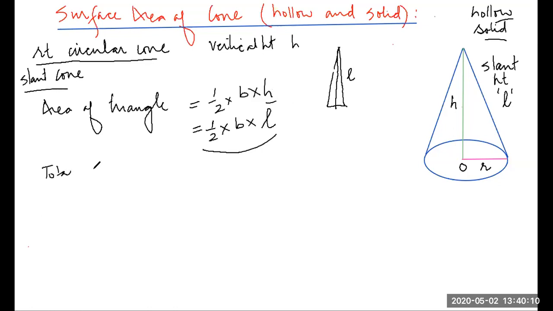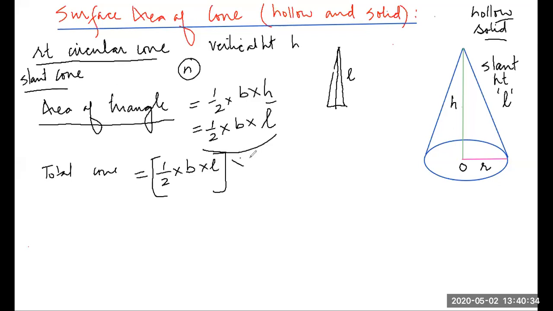Now the total area of the cone will be the sum of all the small triangles. Let us imagine there are n triangles. So it will be 1 by 2 into B, because we have taken same size triangles with the same base, into L. This is the area of one triangle, into all n triangles.